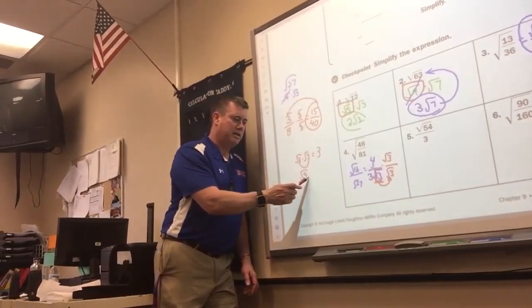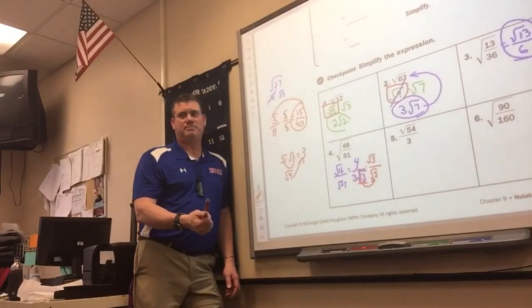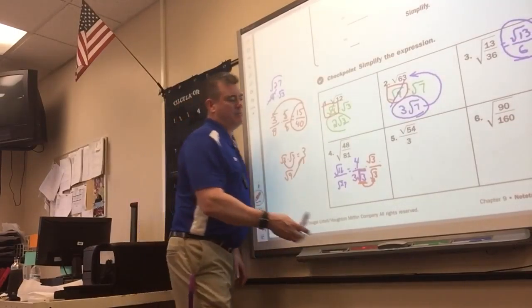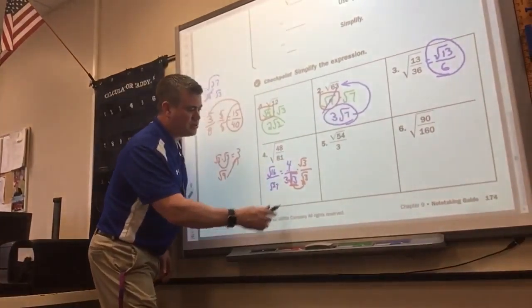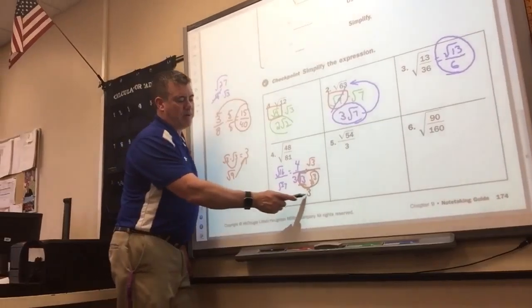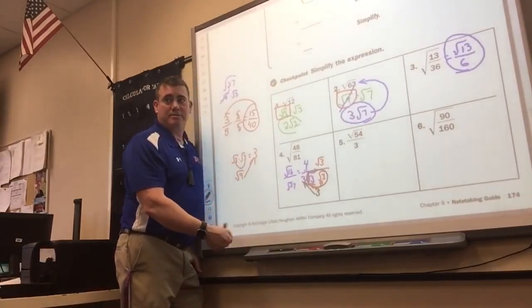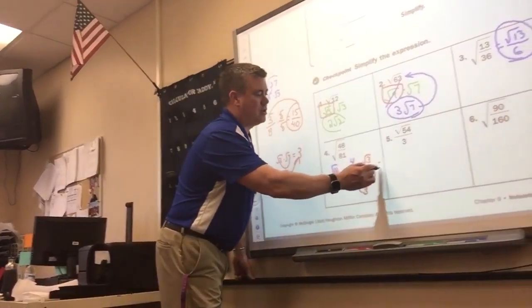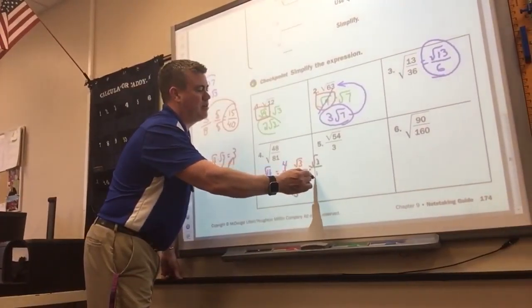And what is the square root of 9? 3. Okay? So these two multiplied make 3. But then you remember there's still this 3 out in front. So what's the bottom going to turn to? 9. So it actually equals square root of 3 over 9.